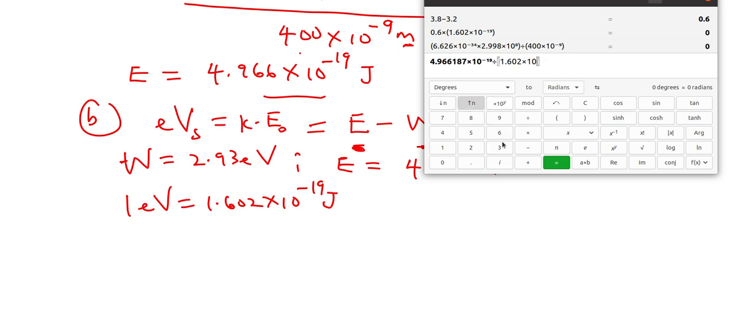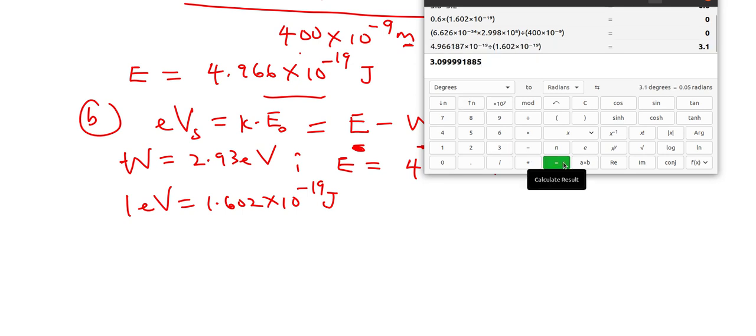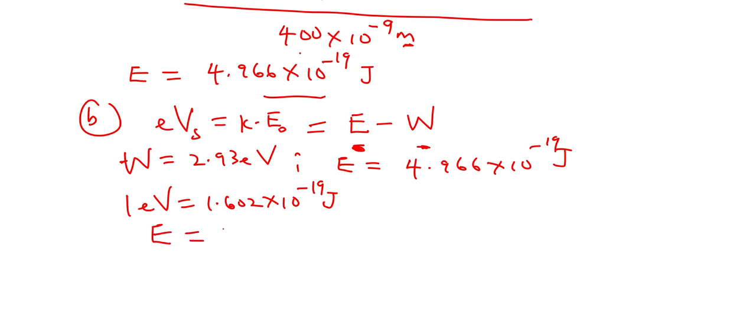Dividing by 1.602 times 10 raised to the power minus 19, we obtain 3.09999, which is approximately 3.1 electron volts.